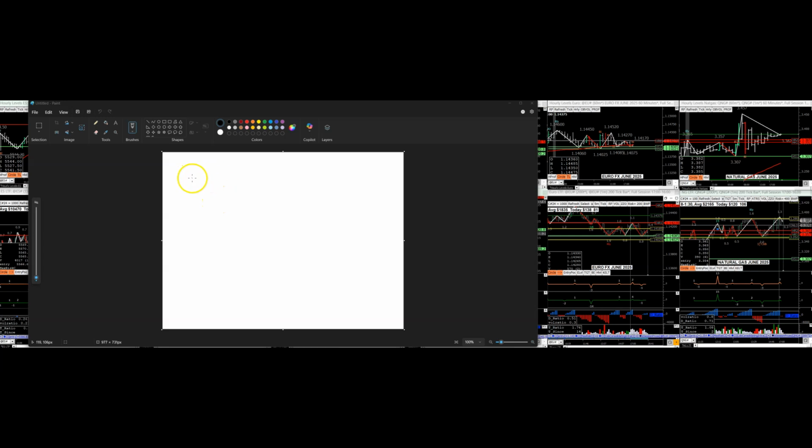But before I go any further in teaching this, the first thing to recall is that this is not a magic bullet, all right? How it should be used is to identify turns at what? At key levels of interest.